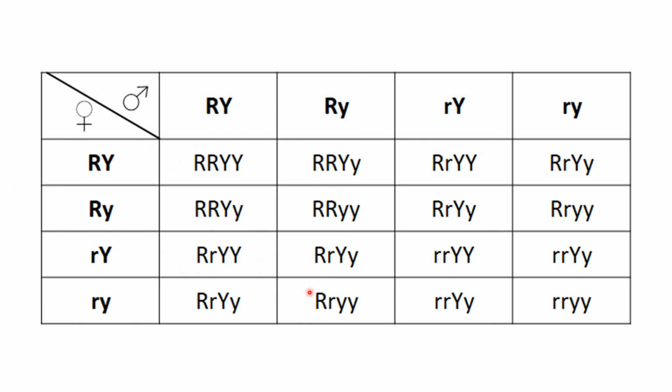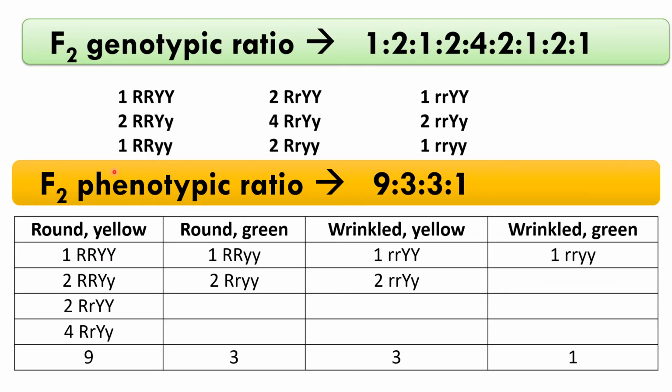Ito pala is tinatawag na Punnett square. So, ang silbi nito para makita natin yung genotypic ratio at saka yung phenotypic ratio ng mga ni-cross natin. So, ito yung summary ng crosses na ginawa natin.